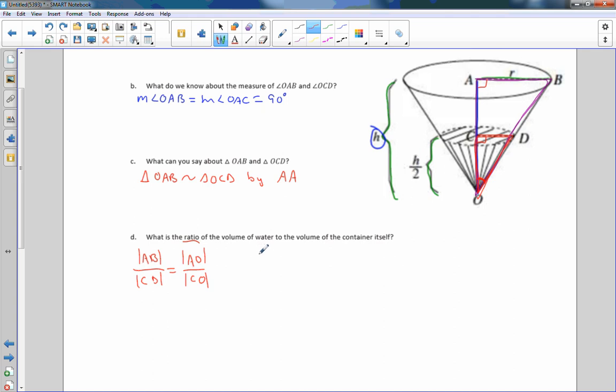Okay, and we also know that AO, this whole thing, since CO is half of it, AO equals 2 of the COs. Okay, so in other words, if CO is half, it would take 2 COs to make the AO height.